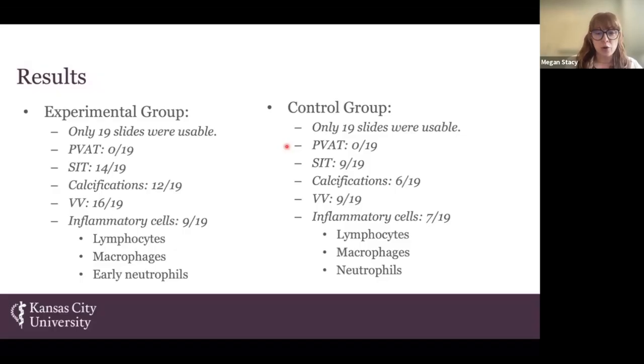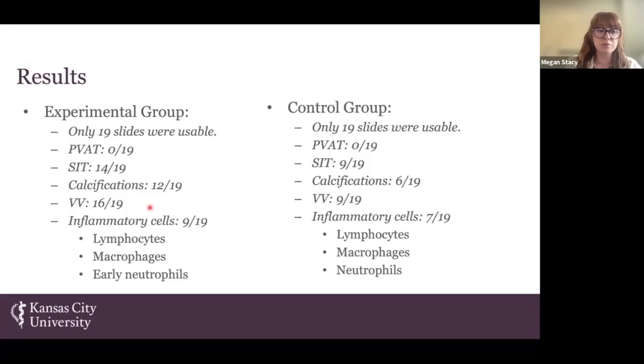That was a resounding no. As far as subintimal thickening, we had a fair amount in the experimental group, as well as calcifications, which would be expected in persons with metabolic disease. We did have some subintimal thickening and calcifications in the control group. That can happen with aging, so that wasn't that unexpected.